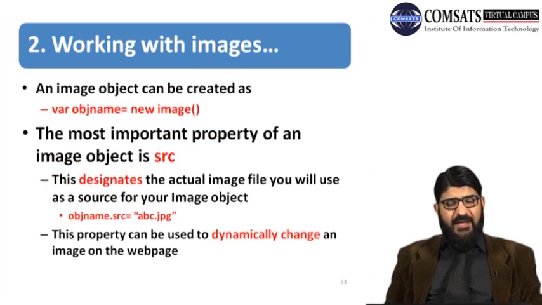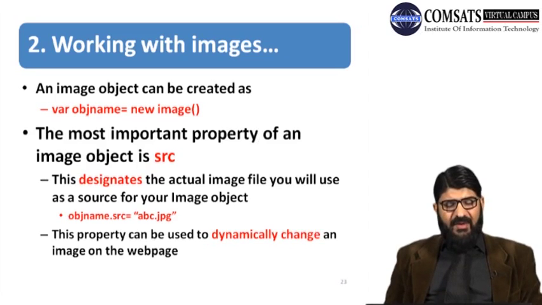An image can be created by using the following line of code, as you can see on the slide. A variable is declared, given an object name, and then it is assigned a new Image function. In this way, a new image is created and then referred to by a variable. The most important property for images is the source, because the source property mentions where the image exists in the physical path.